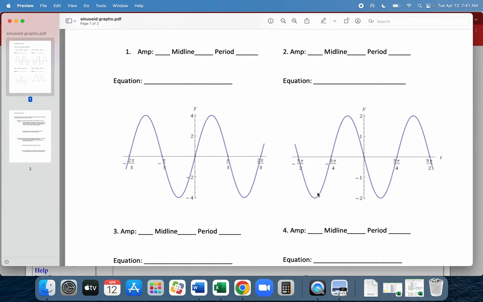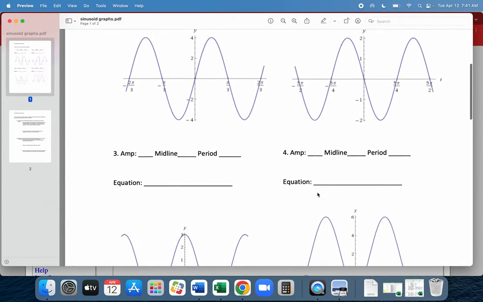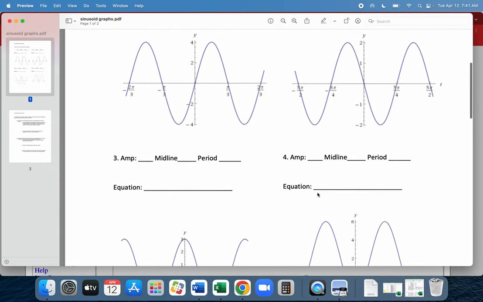The next question asks us about the midline. Now, 3 out of 4 of the questions on here aren't very interesting. The midline is the horizontal line that's halfway between the maximum and the minimum values that the curve reaches. So for standard y equals sine of theta and y equals cosine of theta curves, that midline is just the x-axis. It goes equally above and below that.